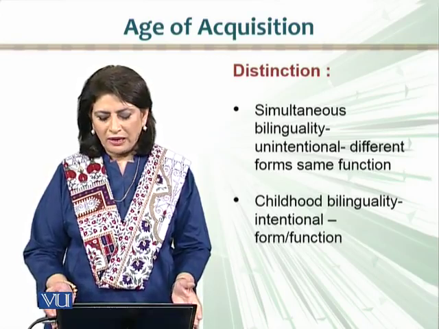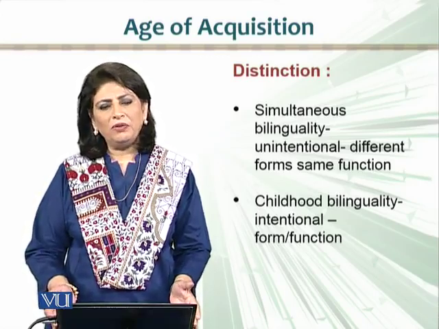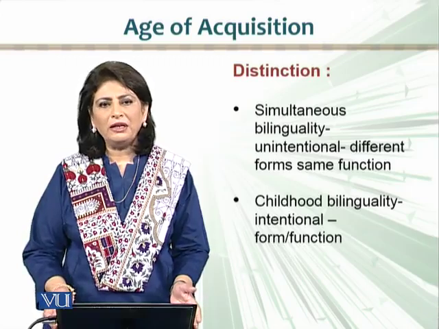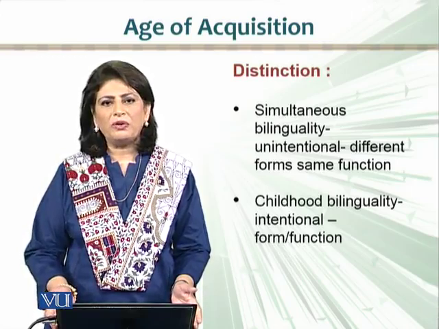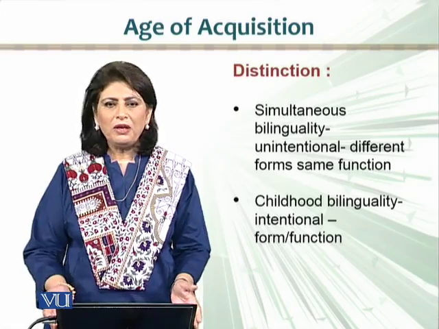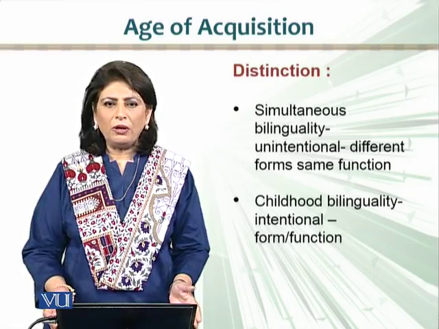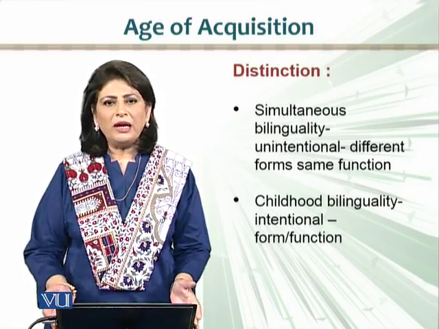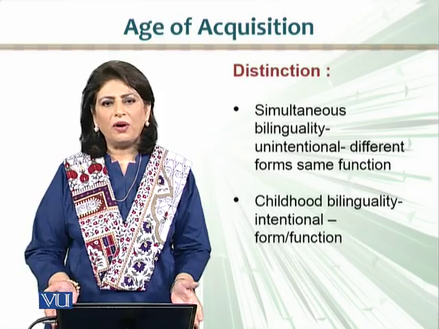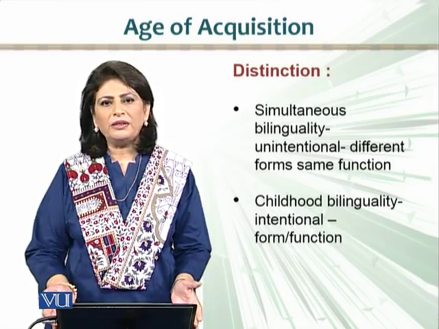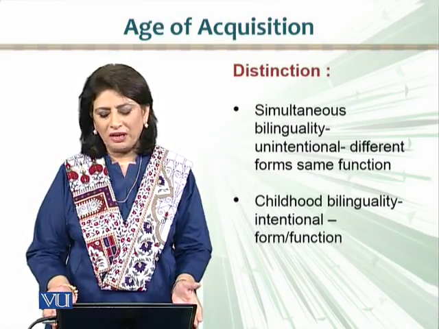In childhood bilinguality, we can say that there is a difference between intentional learning, that is, when a child is put in a school, for instance, where he or she is exposed to a second language very early. And there can also be a context in which the child is transferred into a new context, for instance, through immigration, so that the child learns the second language from the environment.